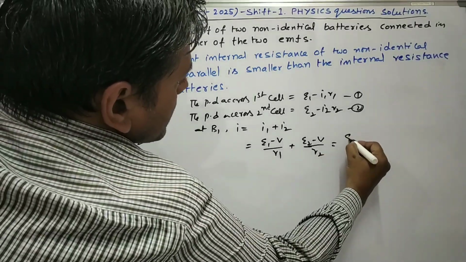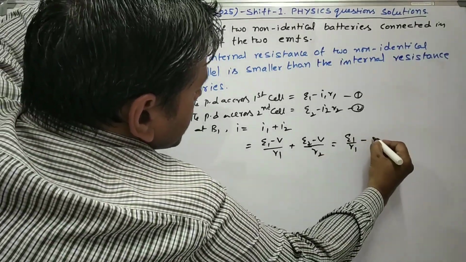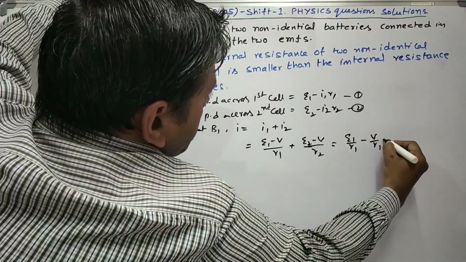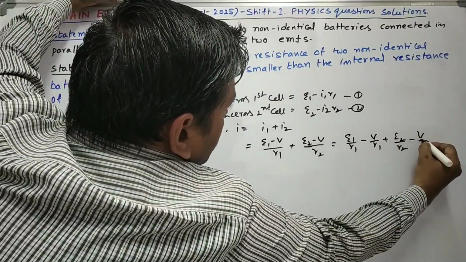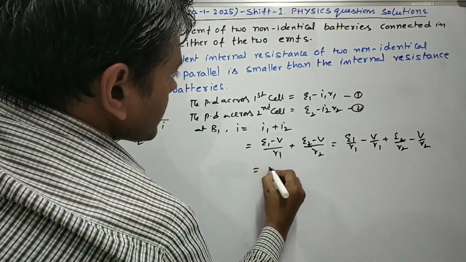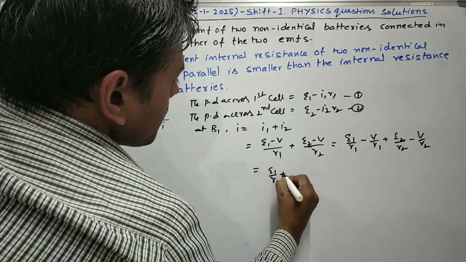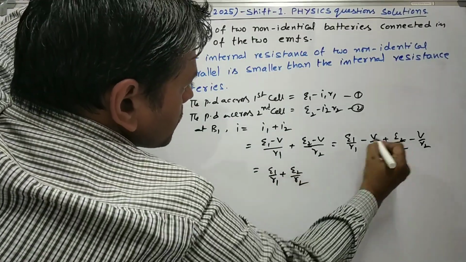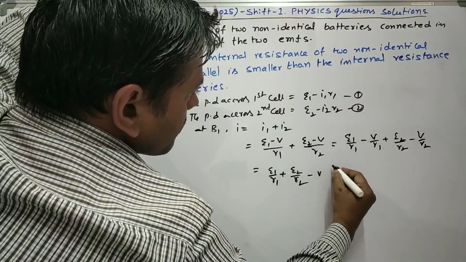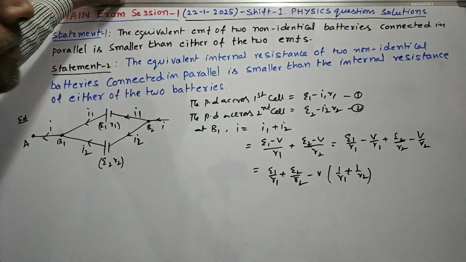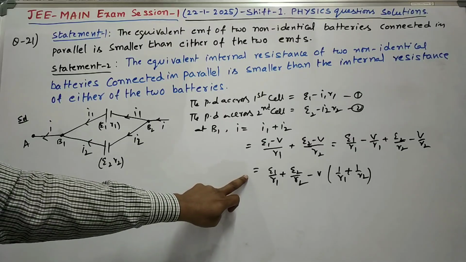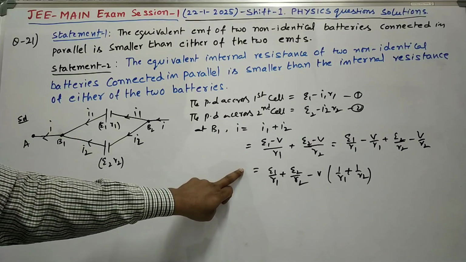When you simplify, E1 by R1 minus V by R1 plus E2 by R2 minus V by R2. It may be written as E1 by R1 plus E2 by R2 minus V, taking V common, into 1 by R1 plus 1 by R2. This is the total current.